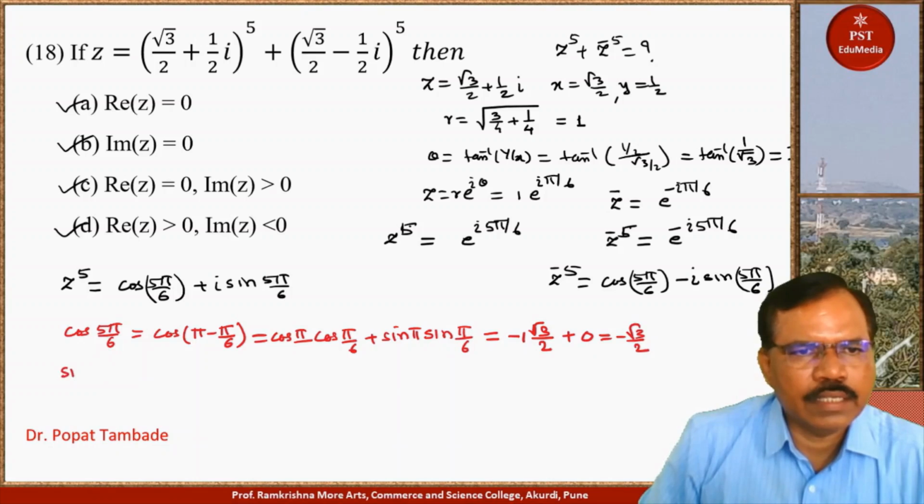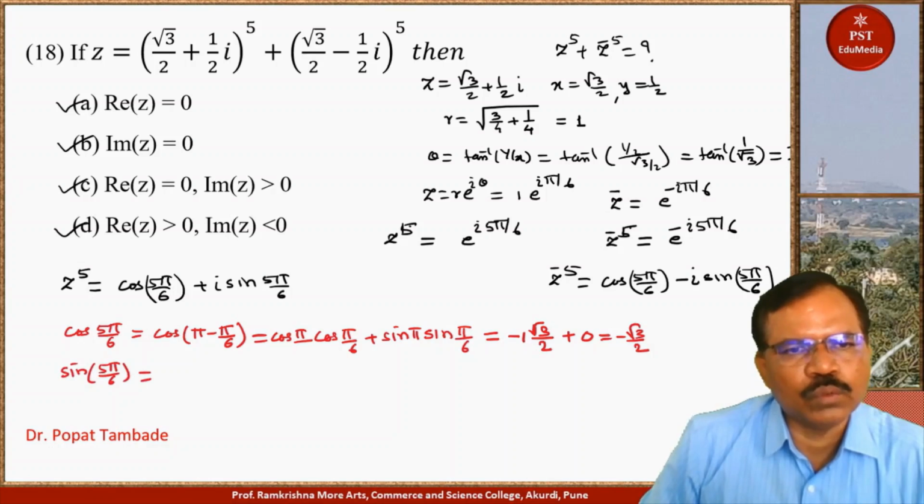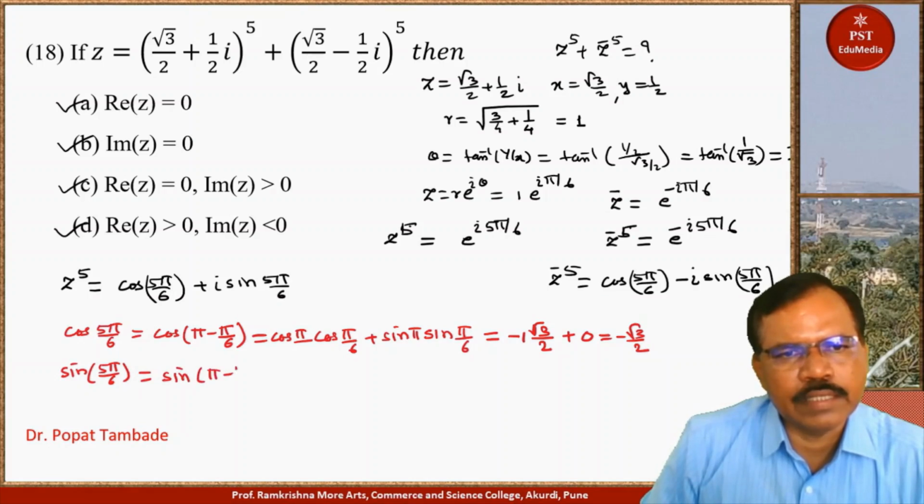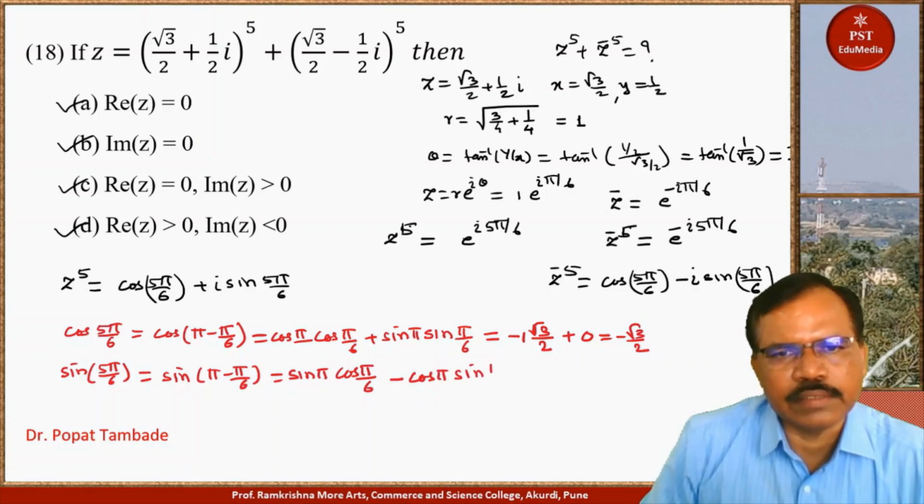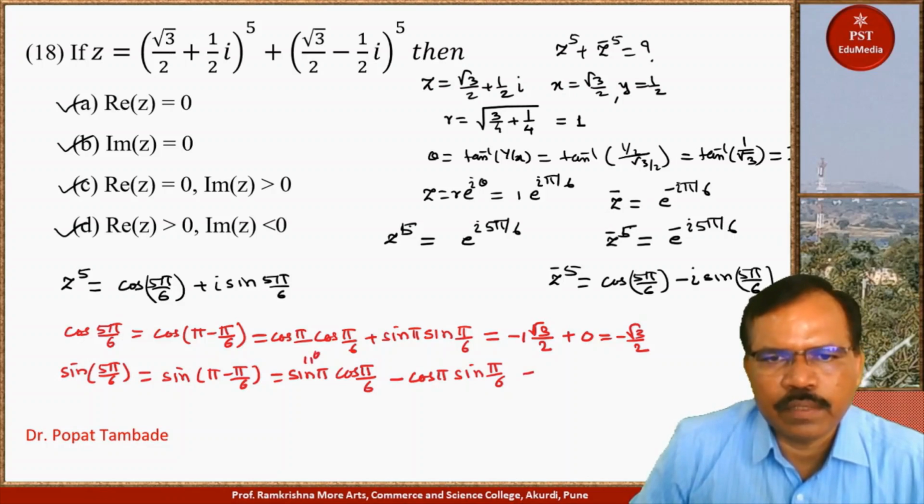And sine 5 pi by 6 is equal to sine of pi minus pi by 6, that is sine pi cos pi by 6 minus cos pi sine pi by 6. Now sine pi is 0, so we get minus into minus, cos pi, that is plus 1, into sine pi by 6, that is 1 half.